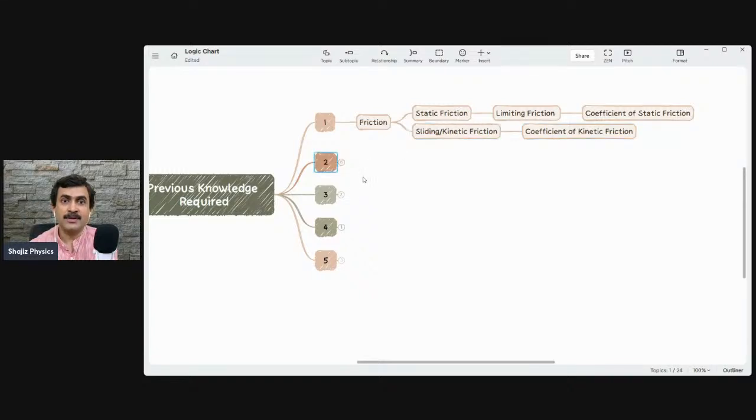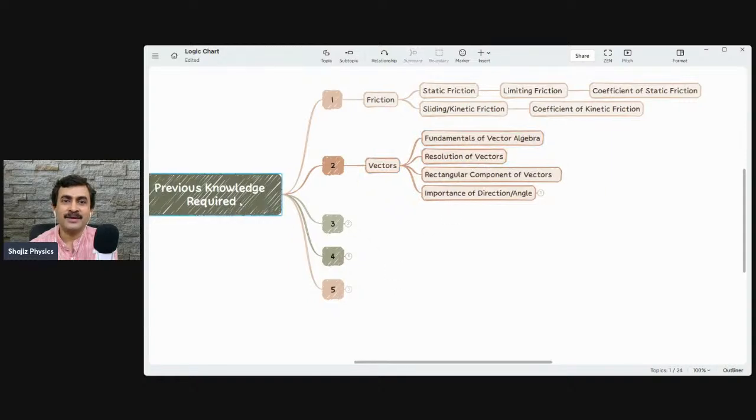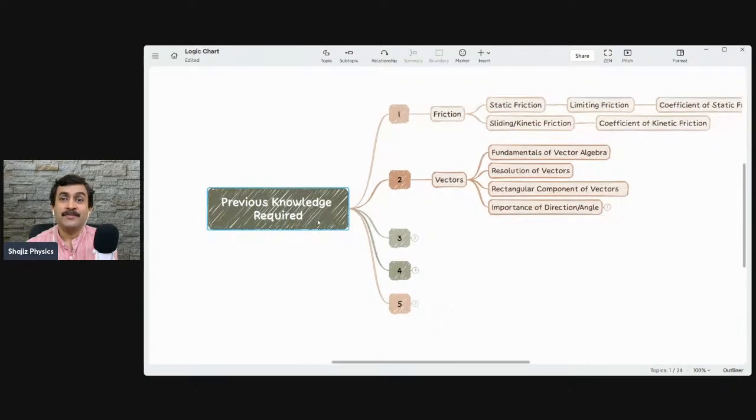Then let us look into the second previous knowledge. The student should have a clear understanding about the concept of vectors. When it is related to vectors, the student should know the fundamentals of vector algebra. He or she should know how to resolve a vector into components, and how a vector is resolved into rectangular components.